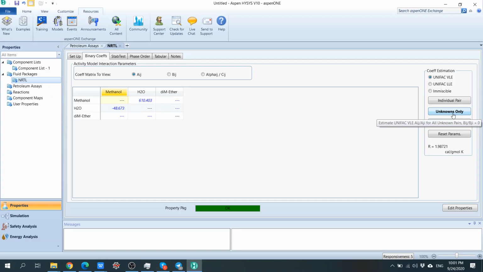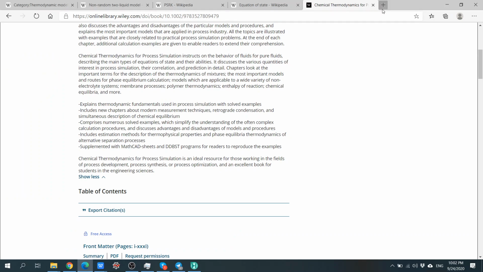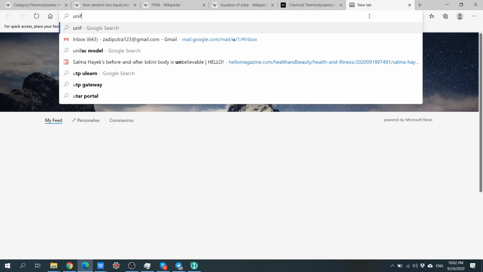This UNIFAC method estimates the binary interaction parameters by using the functional groups. Methanol has CH3 and OH, so these two functional groups. Water has H2O, and dimethyl ether has ether and methyl.